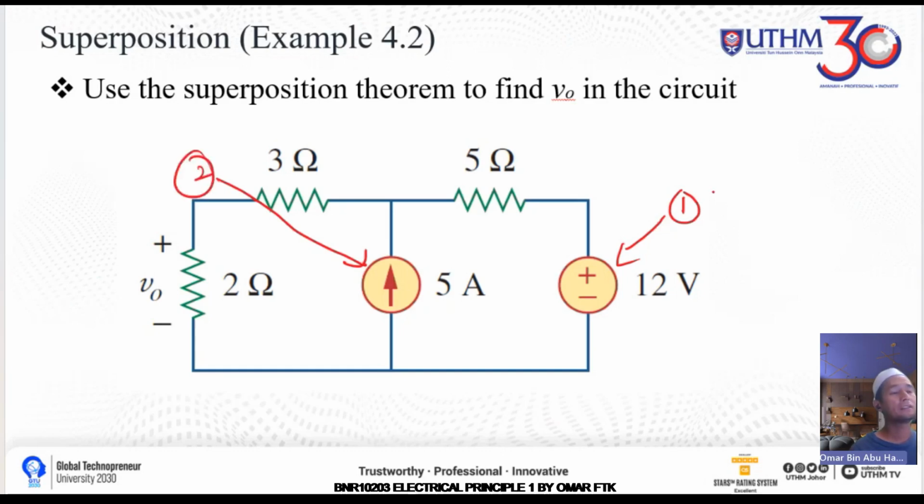The easiest part is to draw the circuit first. You want to get the V out here. So draw the circuit, and the current source will be an open circuit, so just leave it open.